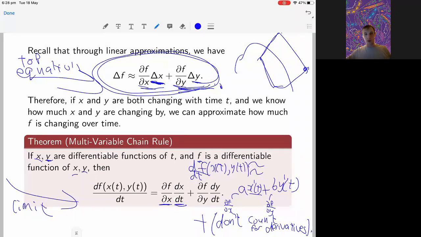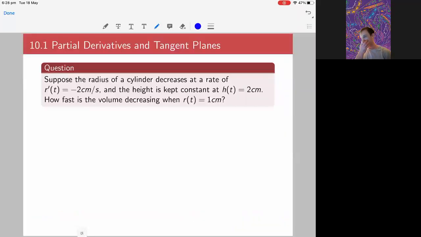We'll now get into a question which might explain the utility of the multivariable chain rule. So the context is as follows. We've got a cylinder, but for whatever reason, the dimensions of the cylinder are changing.